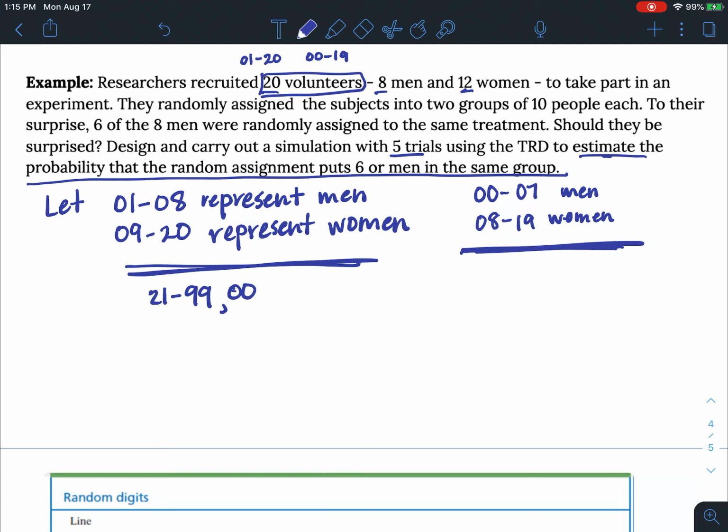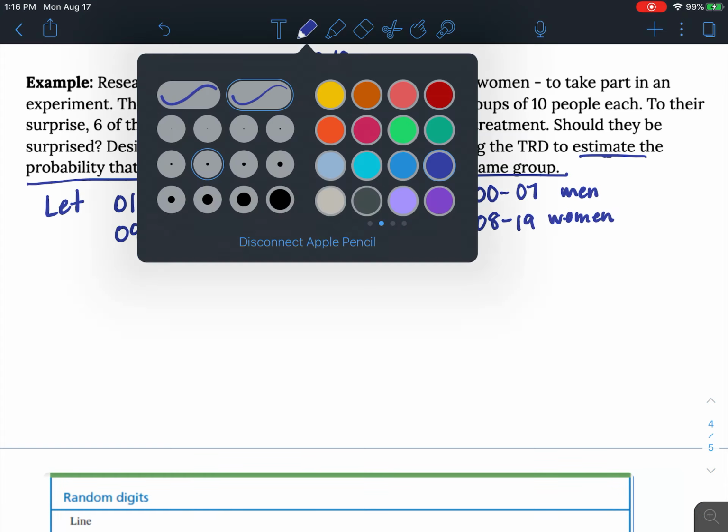If I use this example, I would have to discard 20 through 99. In both situations, that's a lot of numbers to discard. So let me give you one more digit assignment so we don't have as many discards. Now, there's nothing wrong with having a lot of discards. I'm just trying to show you all different options.